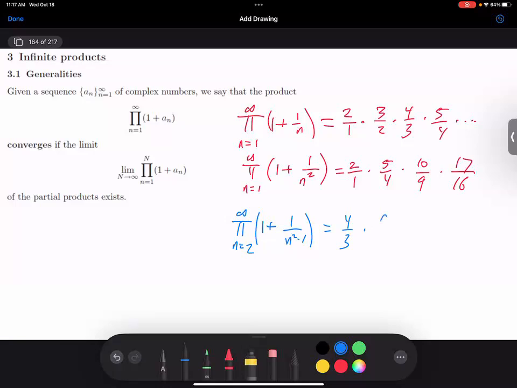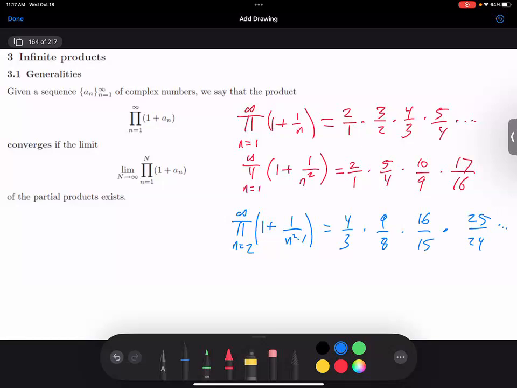Nine-eighths. What's the next piece going to be? 15, no. So what is it? 16/15. And the next one? Okay, so the pattern's hopefully a little bit more clear here.